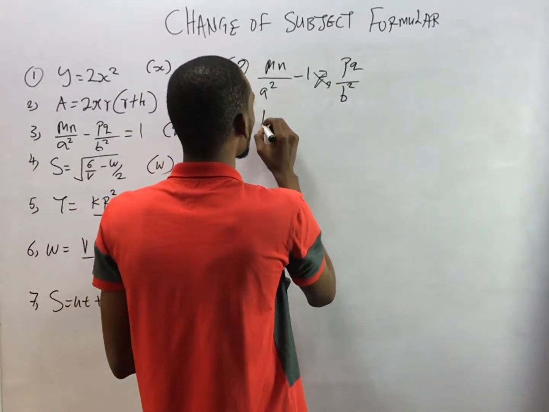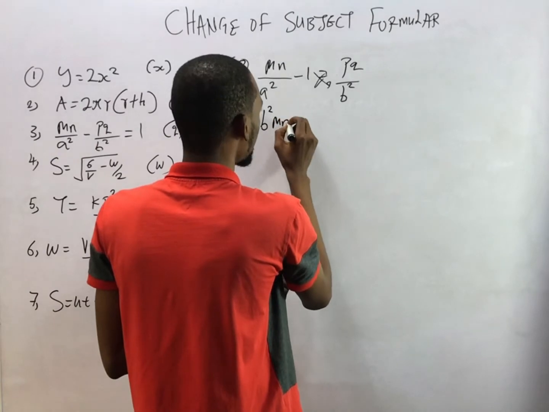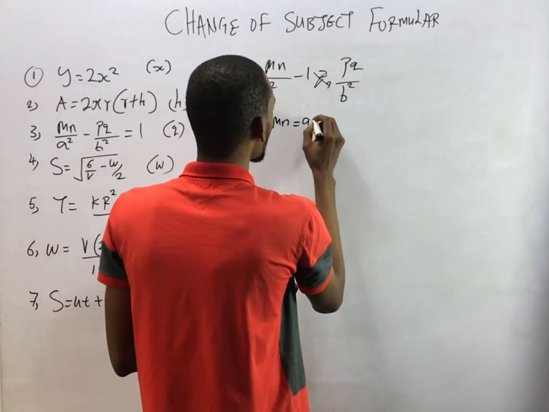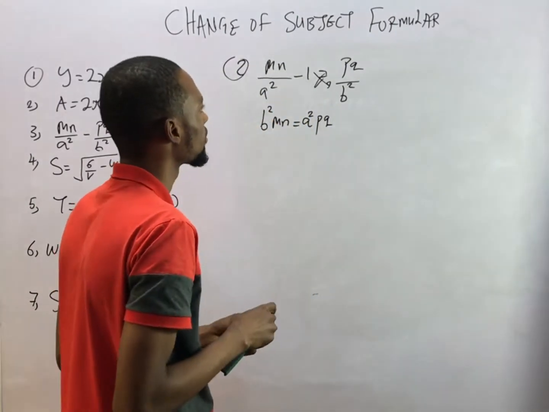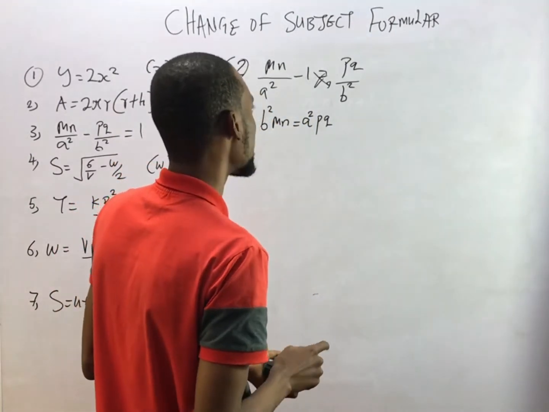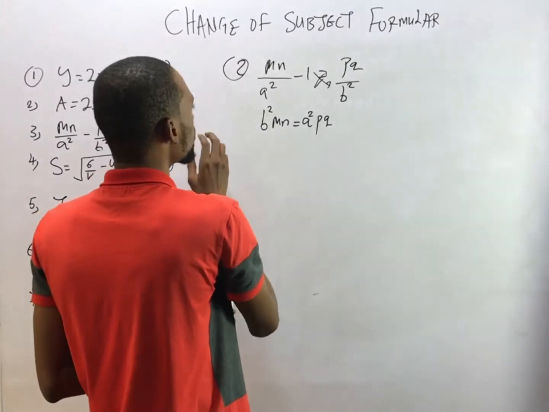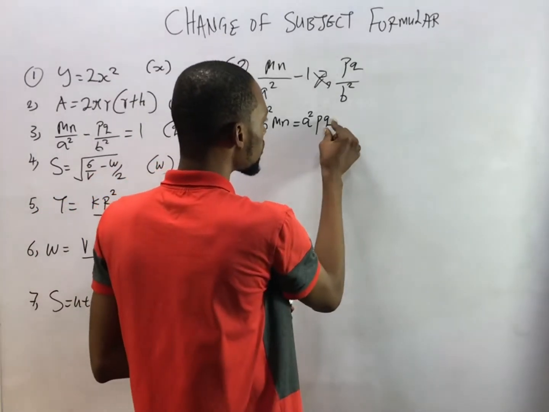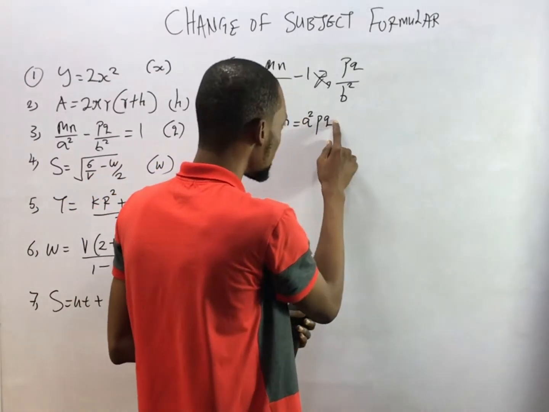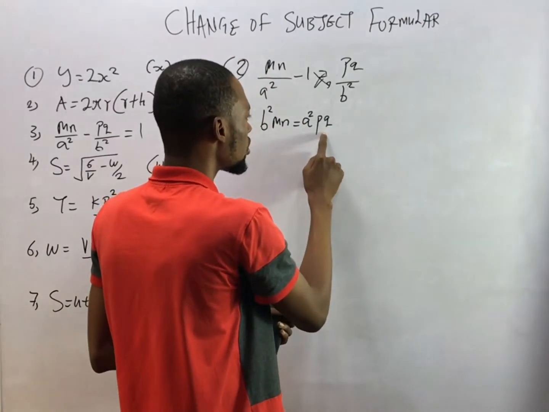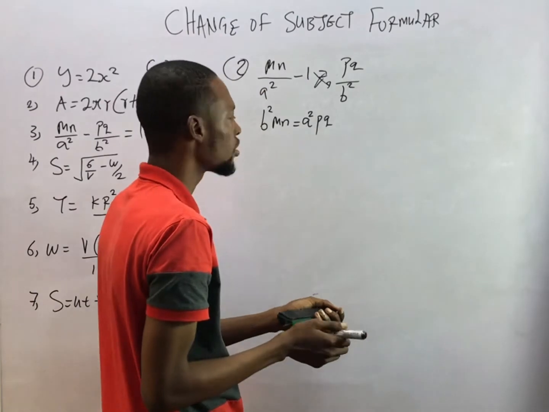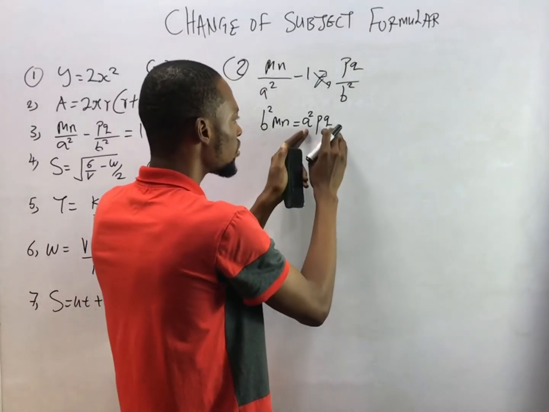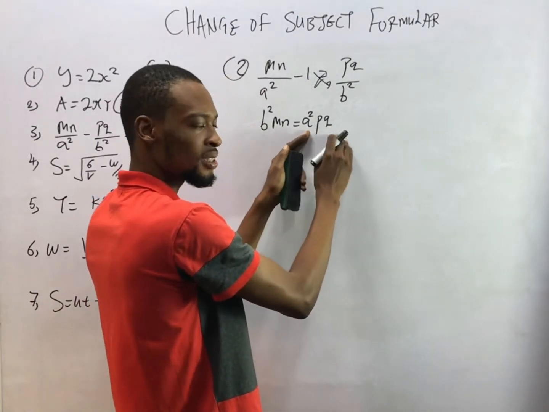I can say b square mn is equals a square pq. I've cross multiplied. Now recall that we need q as subject formula, and this is q. The distraction here is a square p, so we need to remove the distractions to make sure we have q left. And what is holding this is multiplication.